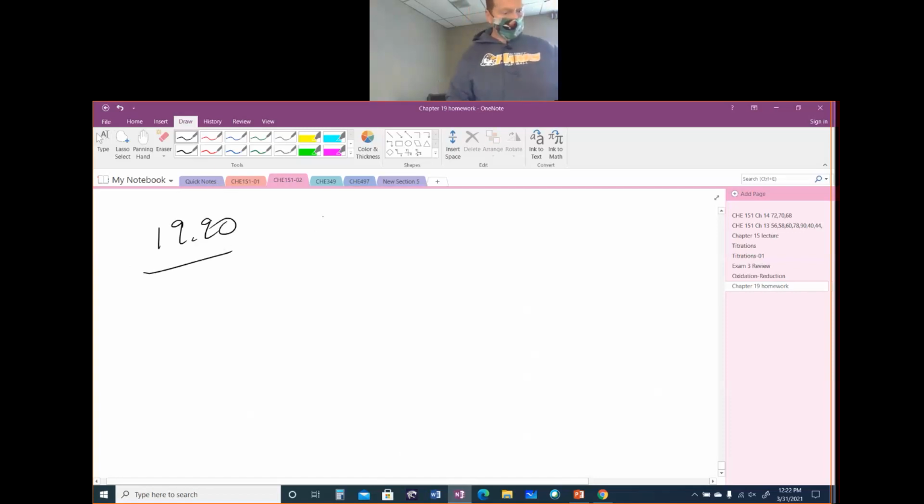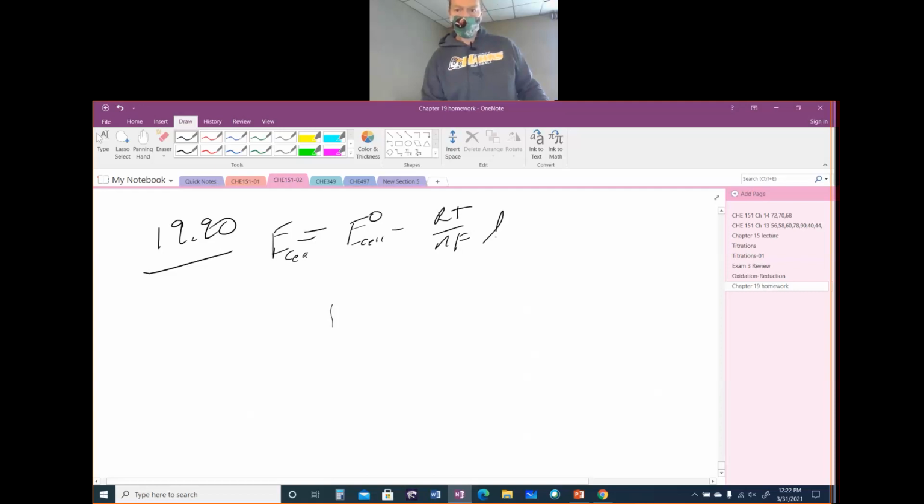That's using the Nernst equation, which is your E cell is equal to your E naught cell minus RT over NF ln Q. All right, so you might see a little bit different version on the homework, in the book, whatever.